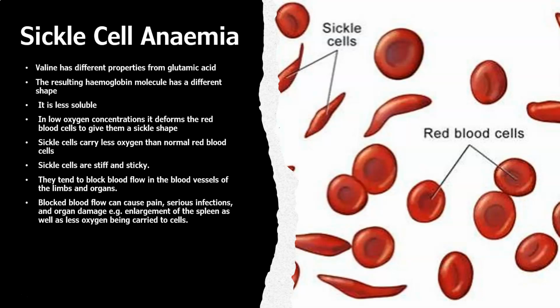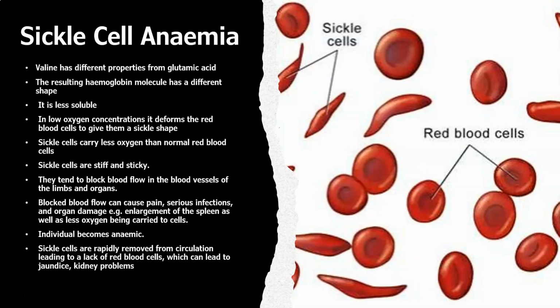Blocked blood flow can cause pain, serious infection, and organ damage, such as enlargement of the spleen, as well as less oxygen carried to cells. Individuals become anemic. Sickle cells are rapidly removed from circulation, leading to a lack of red blood cells, which can then lead to jaundice and kidney problems.